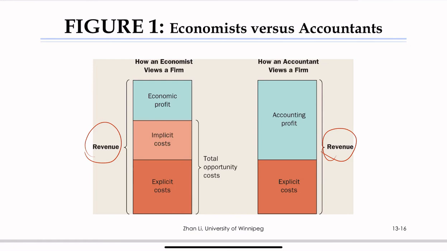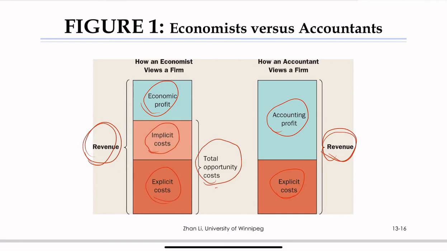And then you can see that for an accountant, accounting profit equals revenue minus explicit costs. And for an economist, economic profit equals revenue minus total opportunity costs, which includes both explicit costs and implicit costs. So here you can see one very simple result. That is, accounting profit is always larger than economic profit, right?